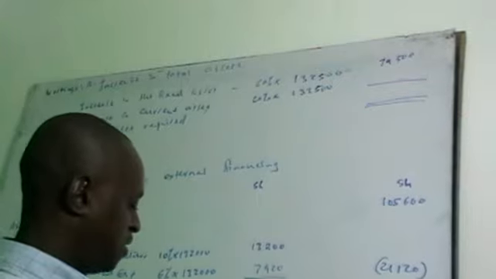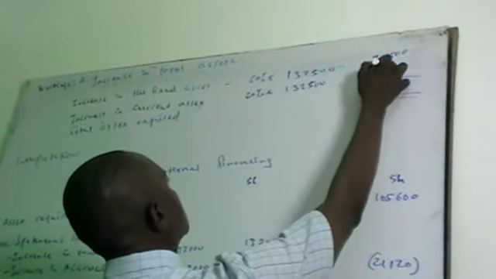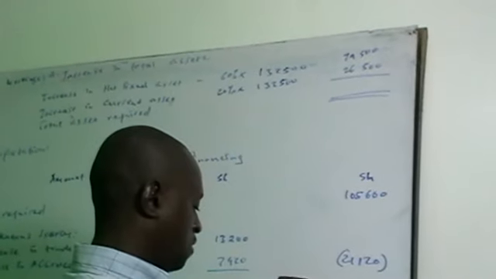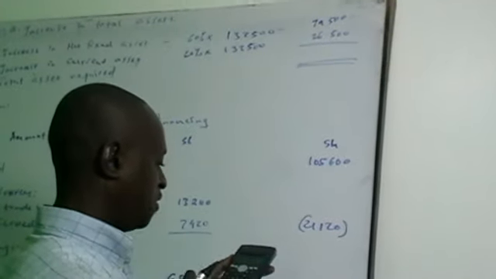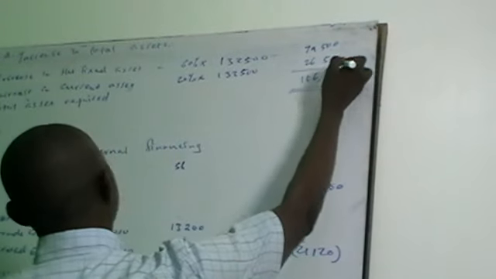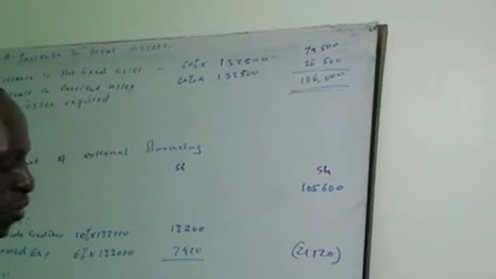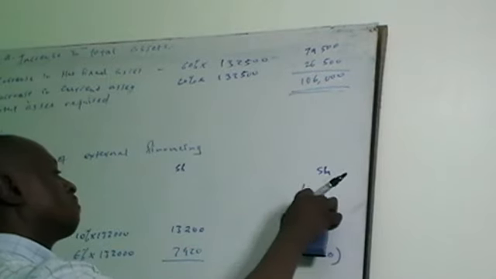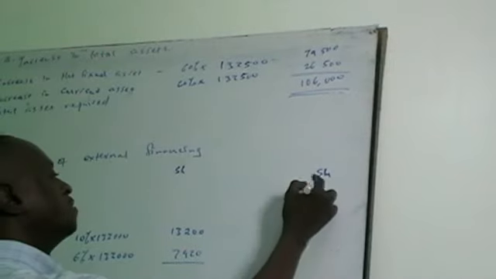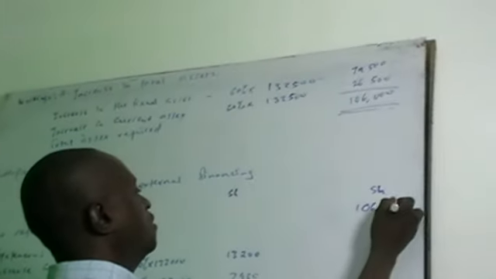This is 0.2 times 132,500, which is 26,500. Add the 79,500. So this is 106,000.